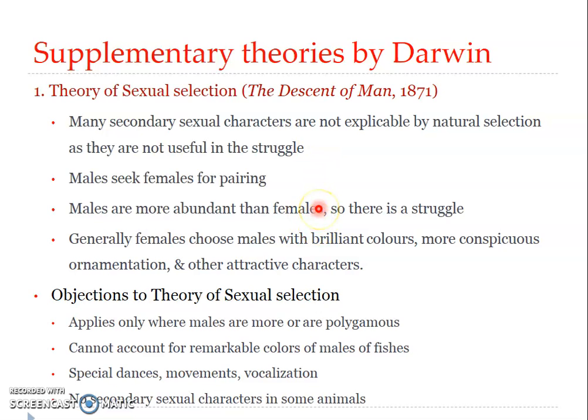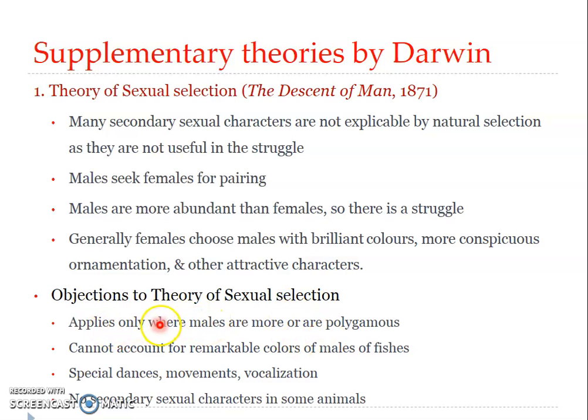Okay, now what were the limitations or objections to the theory of sexual selection? The theory of natural selection was accepted by the scientific community to a certain extent, but the theory of sexual selection met with a huge amount of opposition by the scientific community at that time. The theory can apply only where the males are more in number. That was the first objection.